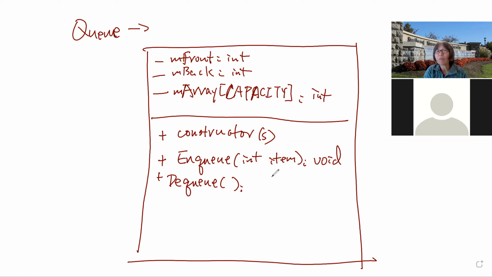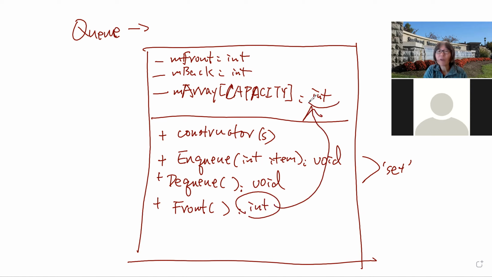We just change the index, so the return type can also be void. And we also care about the front item. Front item is a get operation, while both of those two are set operations. The return type should match the array type, so it's integer.